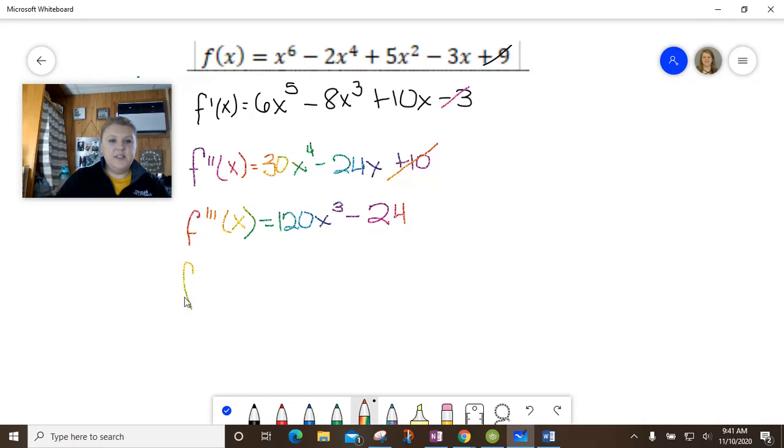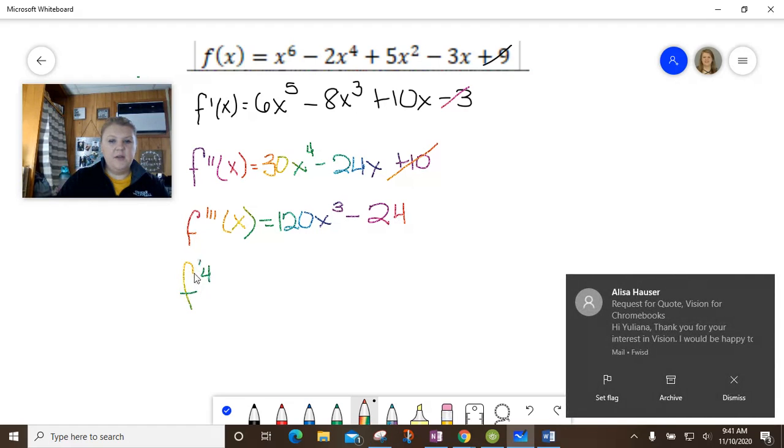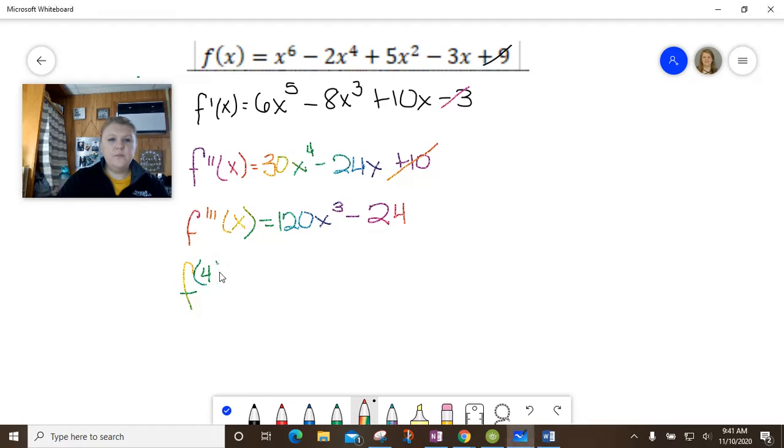And if I wanted to take the fourth derivative, notice I'm going to write the little 4 of x is equal to, so I have 120 times 3 is 360x squared, and that's pretty much just going to be it, because the derivative of negative 24 is 0.